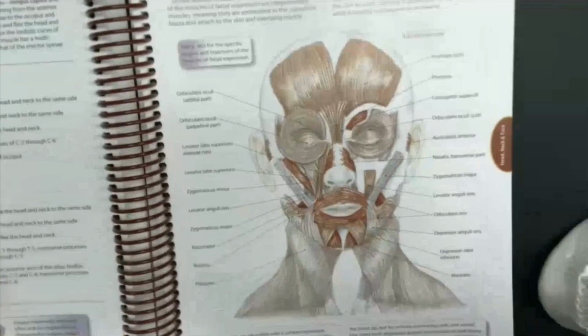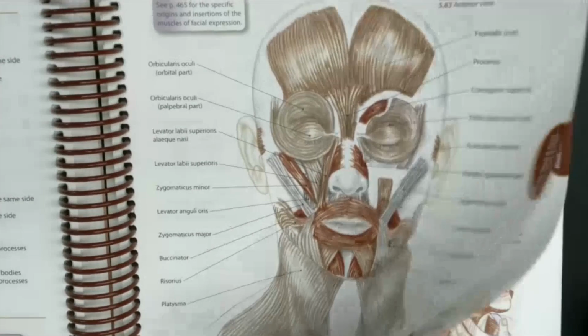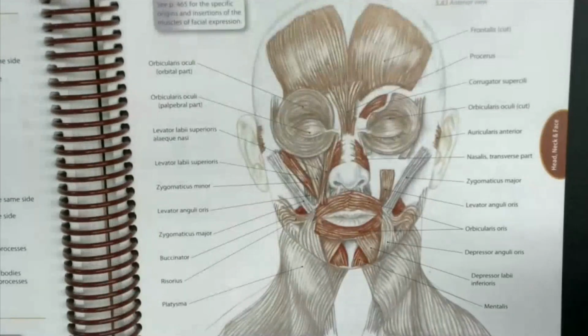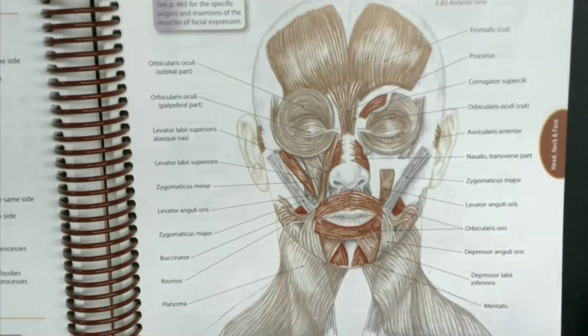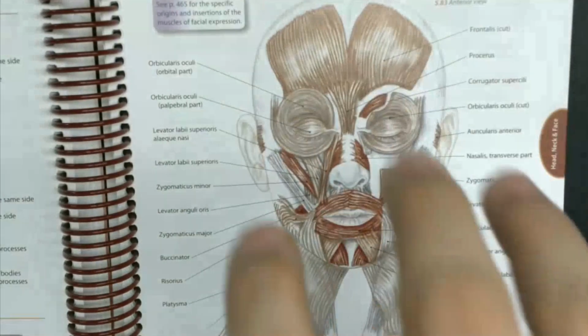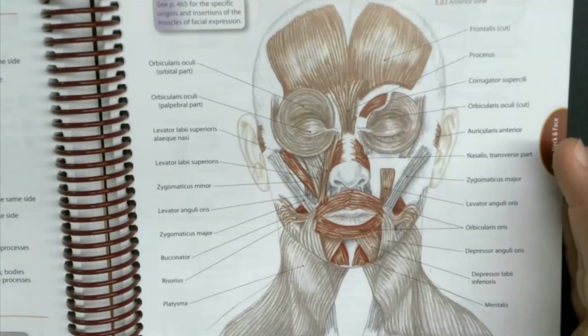So then we have muscles of what we call facial expression. And with these muscles, we don't really look at their attachment sites and everything. Again, this is a prime example of where just a visual download of this image will help you the most, and just understanding what muscles are going to be doing what.